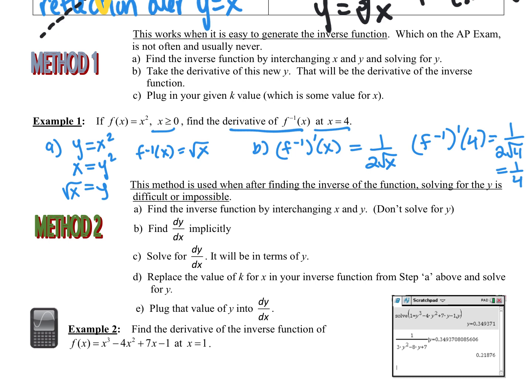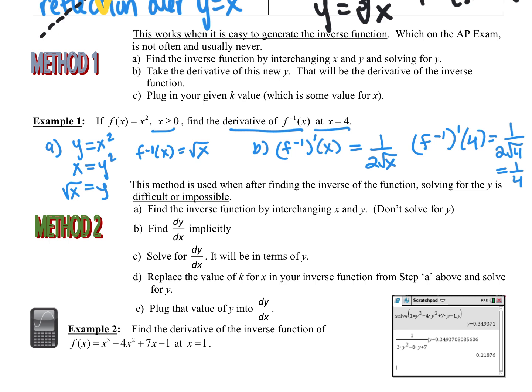So now let's talk about another way that you could do this, okay? We would do this in a lot of cases where, after you switch the x and y, solving for y is really, really hard. So that's one way that you might not be able to find the inverse, is that you couldn't solve for y after you switch the x and y's.